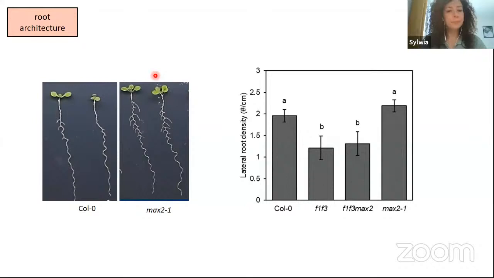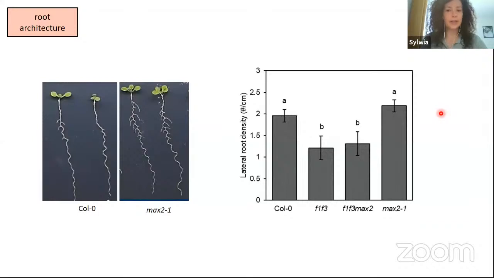What's known for MAX2 is that it has more lateral roots, or the lateral root density is slightly higher than for Col-0. This is an extreme example, let's say, but this phenotype is also quite variable. In our assay, we could see that indeed MAX2 had a slightly higher lateral root density, but this was not significant.